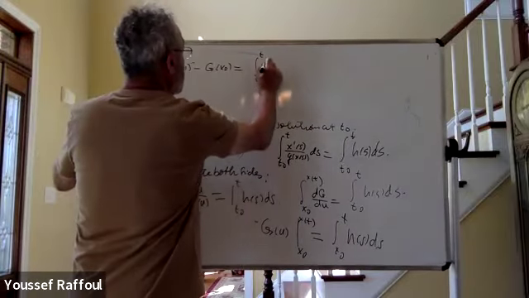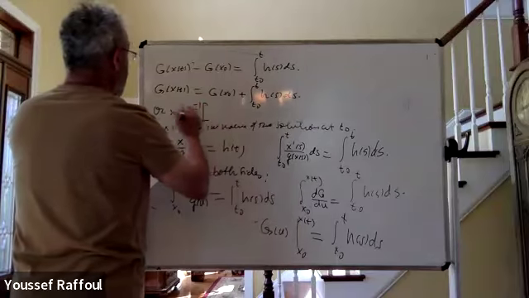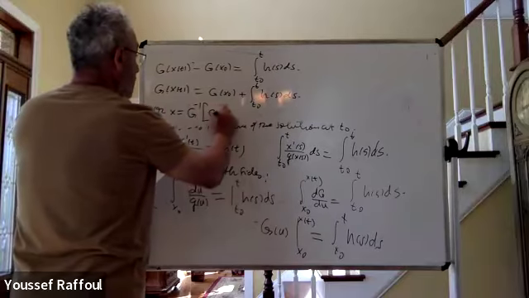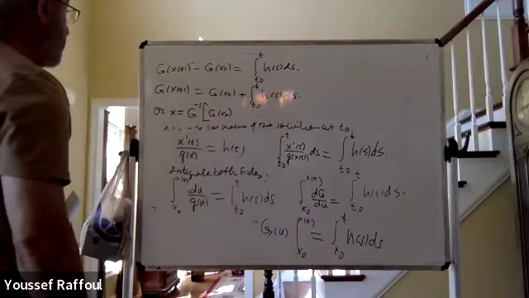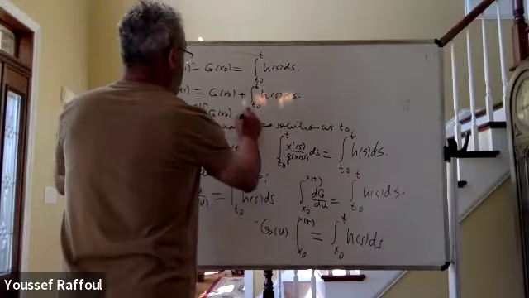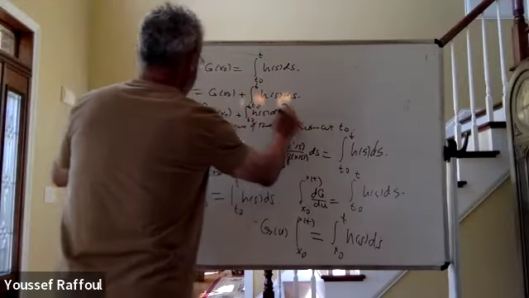And then if you solve, G of x of t equals G of x naught plus the integral from t naught to t of h of s ds, or x is G inverse of G of x naught plus the integral from t naught to t of h of s ds.